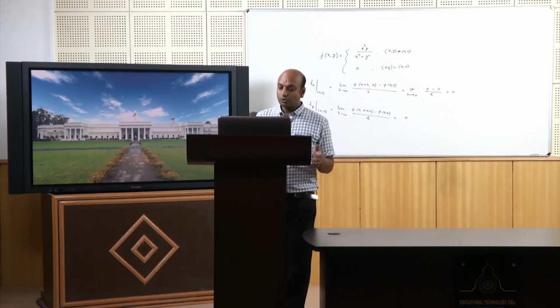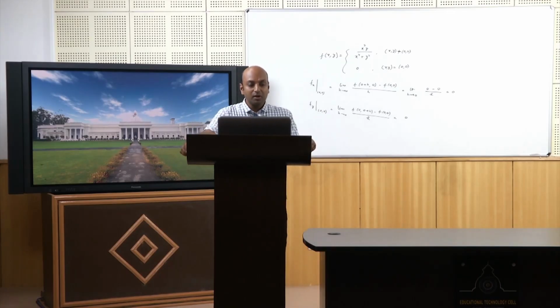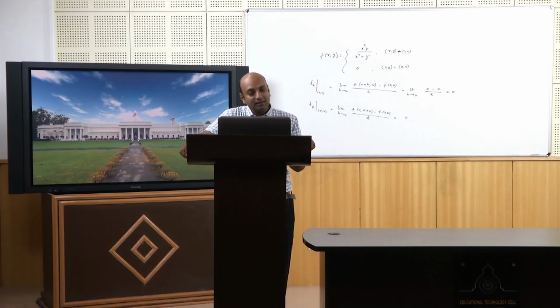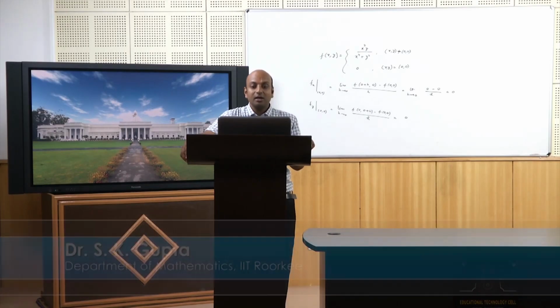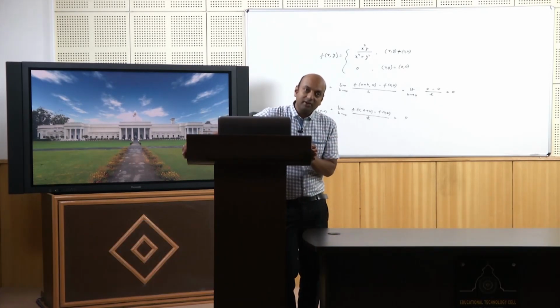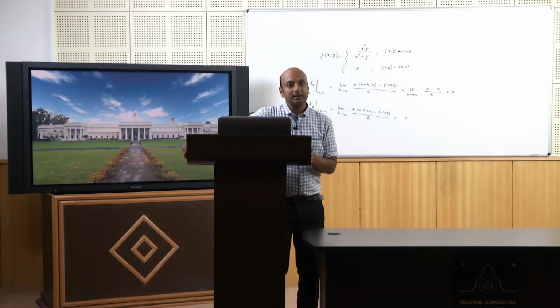That condition is basically: if the partial derivatives f x and f y exist and are continuous throughout a disk centered at (a, b), then the function is continuous at that point. That means, besides the existence of partial derivatives at a point, we must have continuity of partial derivatives throughout a disk centered at that point, then we can say the function is continuous at that point.